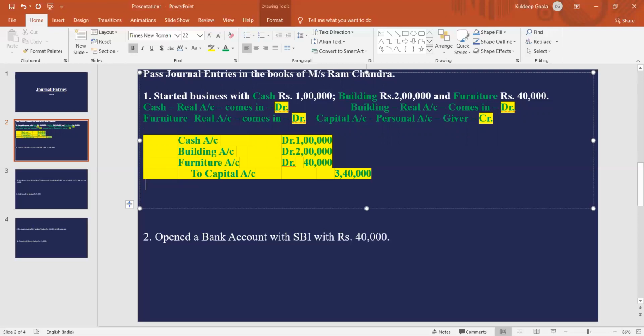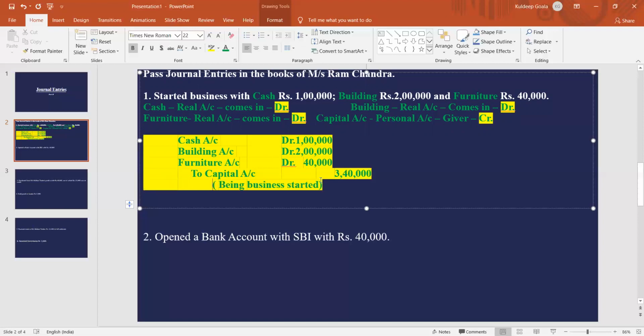Okay, then comes the narration. What does the narration say? It says the summary of the transaction. Starting with "being", we are going to write being. What happened here? Started the business, right? Being business started. You can add it up in a more spicy way, like writing that started business with cash, building and furniture.